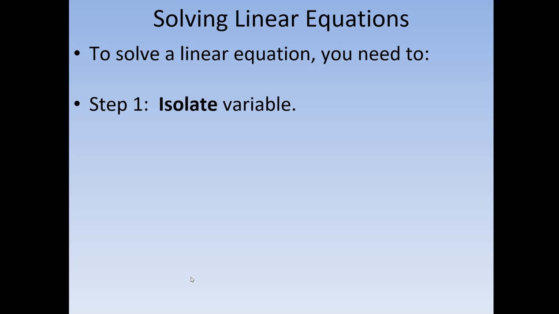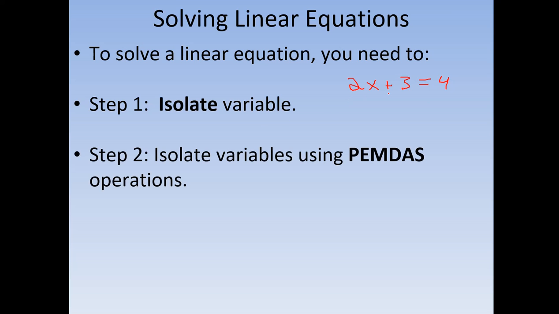So first step would be to isolate the variable. So if we use the scenario that we had before, I believe something like this: 2x plus 3 equals 4. We would isolate it by using our PEMDAS operations. But the difference is we actually go backwards. So what we're going to do is do all the addition subtraction.